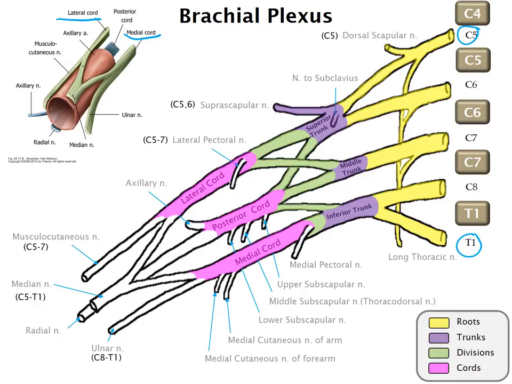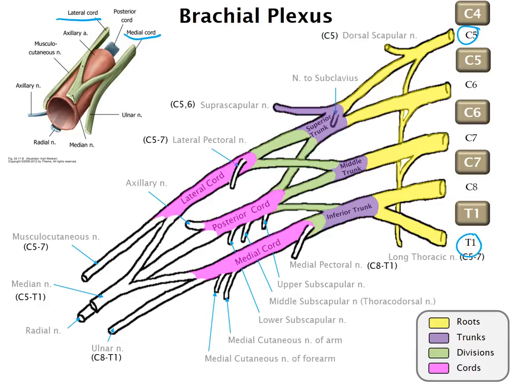The ulnar nerve comes only from the medial cord, therefore it contains only C8 and T1 fibers. Likewise, the medial pectoral nerve only comes from the medial cord, therefore it can only contain C8 and T1 nerve fibers. And as has already been mentioned, the long thoracic nerve is derived from C5, C6, and C7.